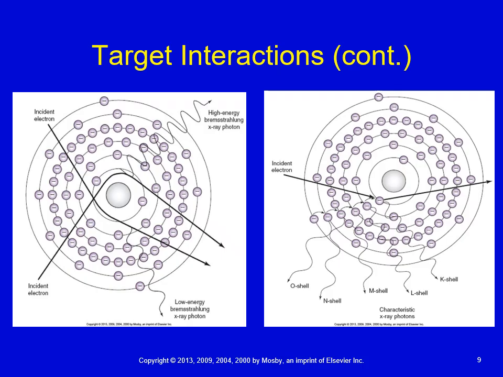So if it gets really close, it pulls on it, it loses energy, giving off a bremsstrahlung type X-ray, but it changes directions greatly. If it pulls on it a little bit, it still causes it to slow down and give off energy in a bremsstrahlung type X-ray photon, but it only changes directions a little bit.